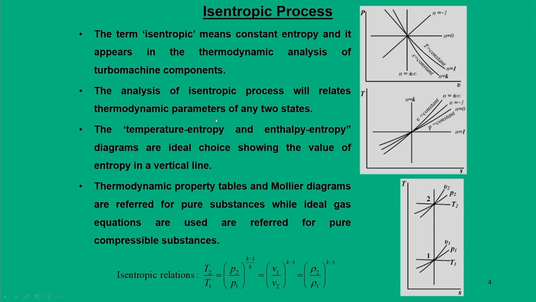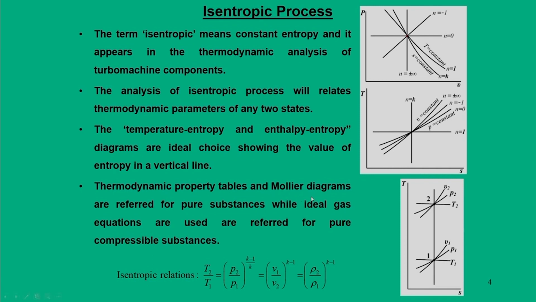So, we have to analyze all these thermodynamic parameters for an isentropic process. The ideal choice that we should look at is the temperature-entropy or enthalpy-entropy diagram, because a constant entropy line is represented as a vertical line. Now, when the process is analyzed for estimation of different parameters, we look for the thermodynamic property tables which are available in all fundamental thermodynamics books.